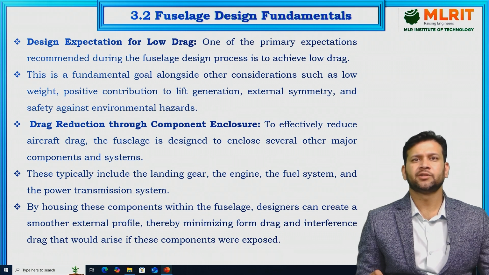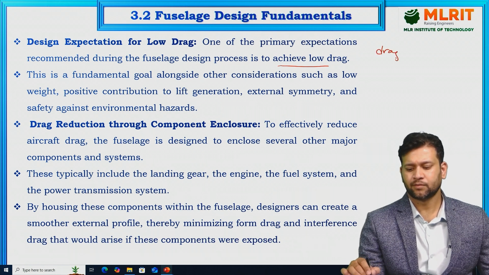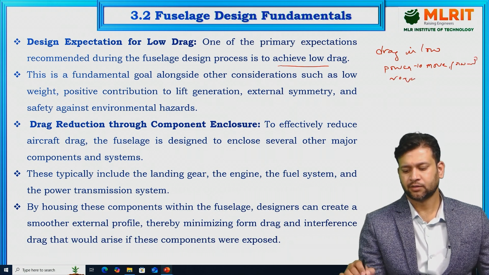Design expectation for low drag. One of the primary expectations recommended during the fuselage design process is to achieve low drag. If drag is low, the power requirement to move forward will be low.